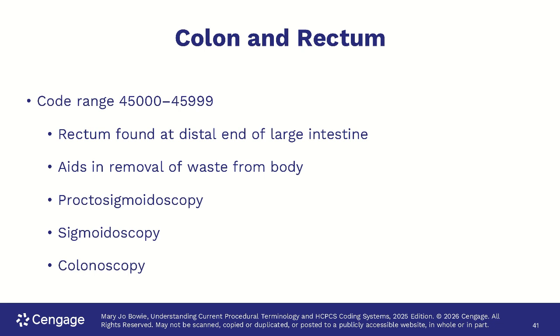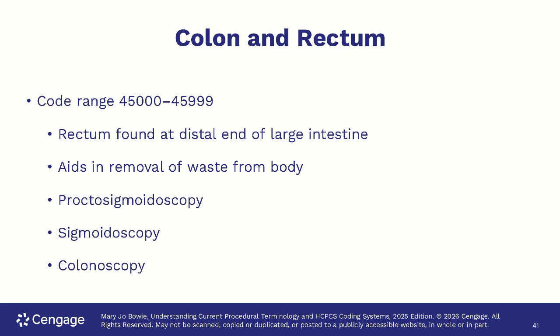All right, on to the colon and the rectum. So the rectum is found at the end of the large intestine, the distal end. It helps us to remove waste from the body. And you have codes for all sorts of procedures, but the more common ones over here are the SCOPy procedures: proctosigmoidoscopy, sigmoidoscopy, and then colonoscopy.